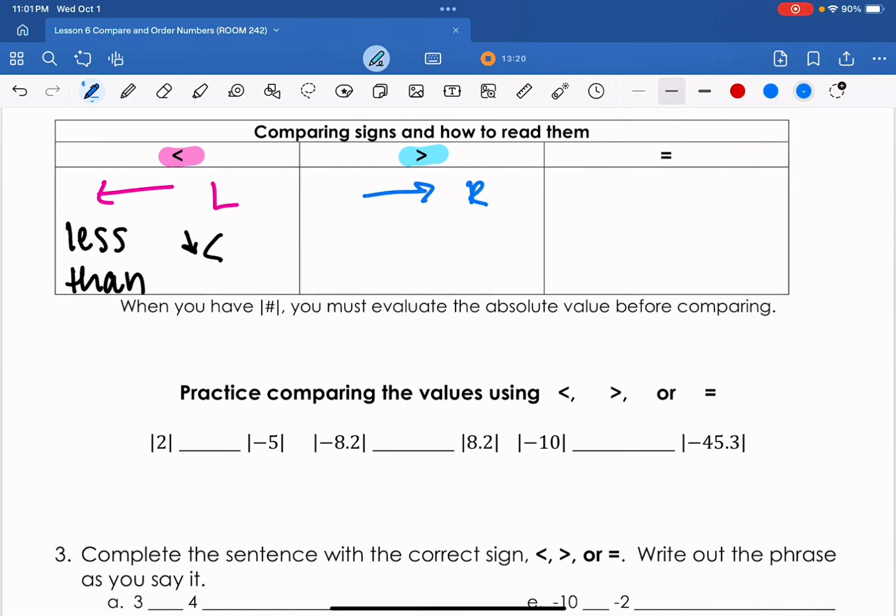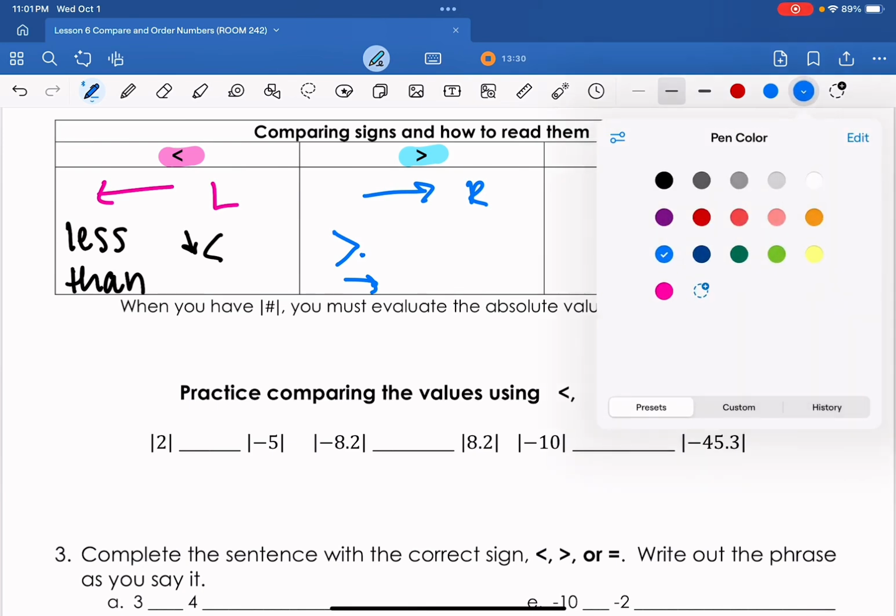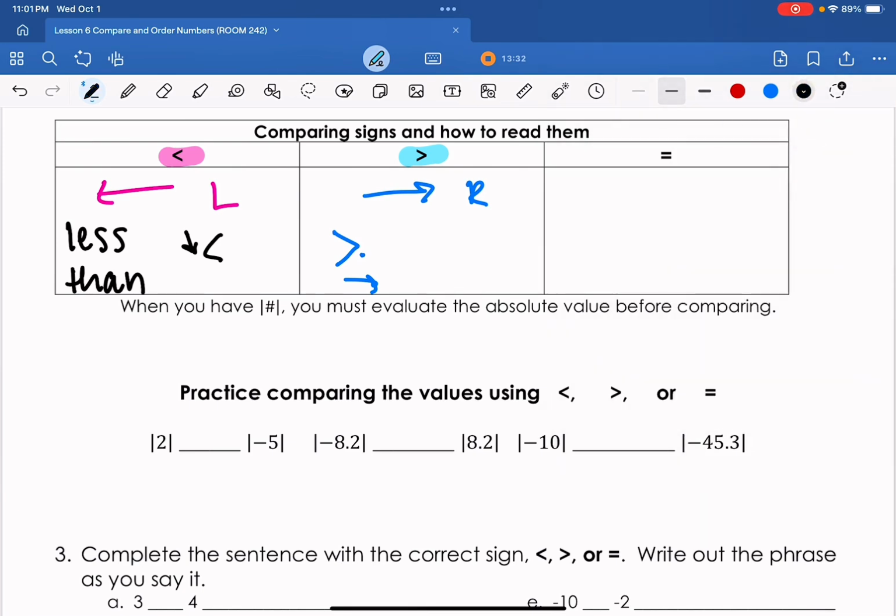So the beak now is pointed to the right, which means this is going to be more than or greater than, is how you could read that. And then this one right here, we've seen this symbol before. This means equal to.